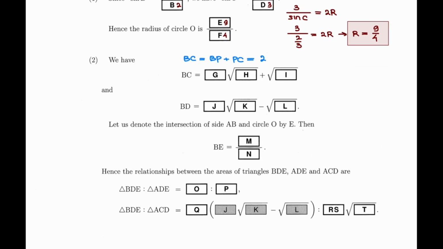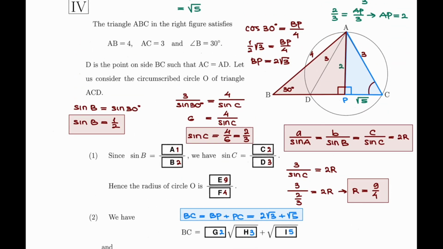So I got 2 square root of 3 plus square root of 5. This is BC. So G, H and I is 2, 3 and 5. And then BD is equals to blah blah blah. Now I need to find BD.